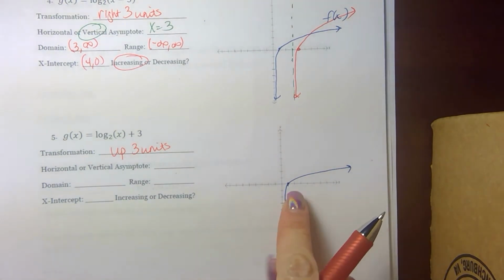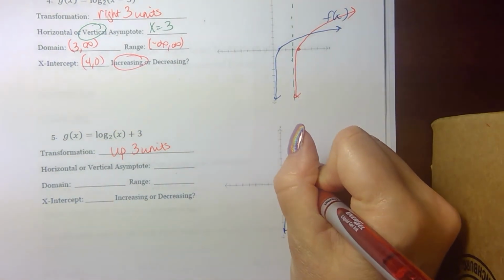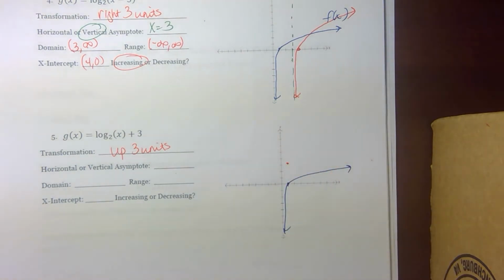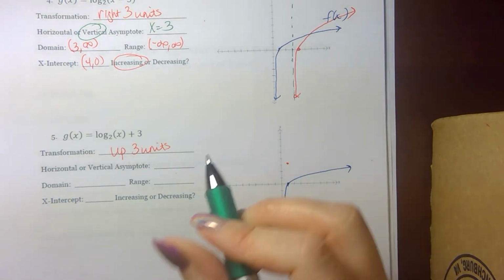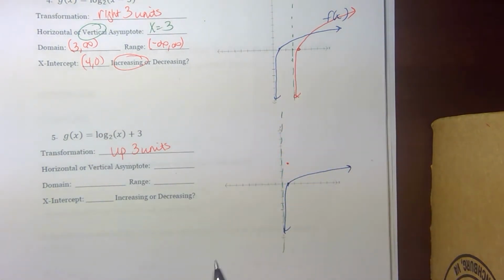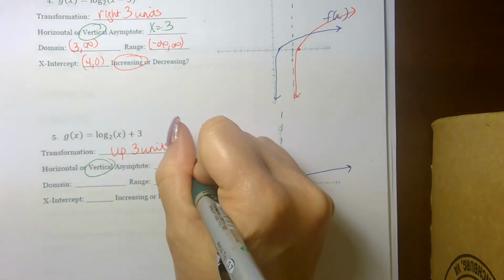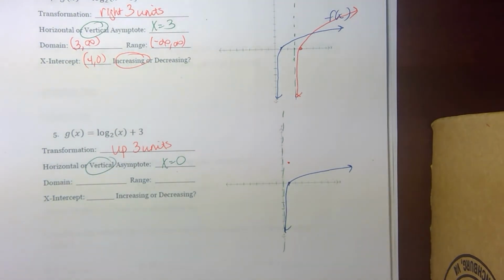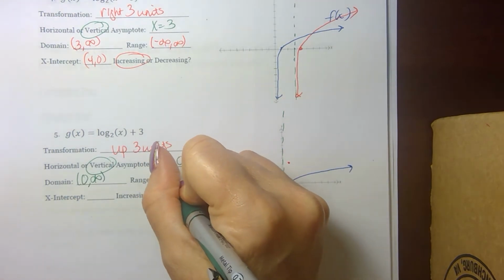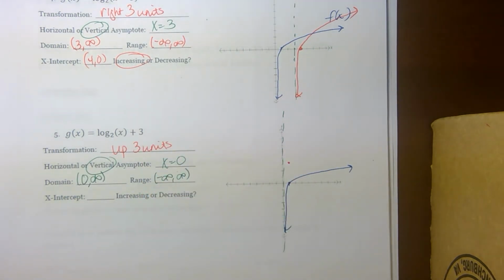Well, if I take my x-intercept and I move it up 1, 2, 3 units, it's no longer the x-intercept, right? If I just moved it up, did I shift this asymptote? Well, no, I did not. That asymptote is still at x equals 0. So my domain and range are 0 to infinity, and negative infinity to infinity.